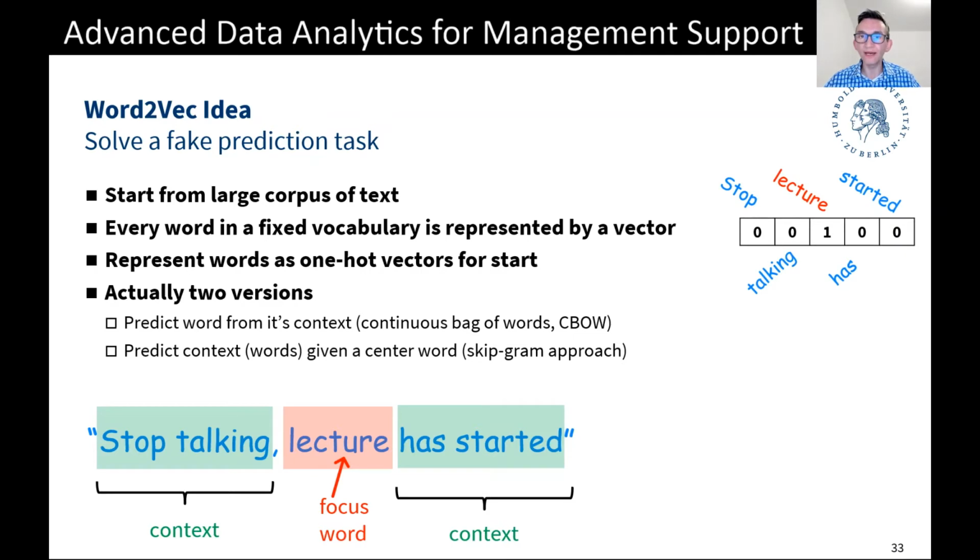You can train them nicely, minimizing empirical loss, all that works well. And if you want to train a neural network, it's good if you have a prediction task. So Word2Vec constructs one. We start from a corpus of text where we represent words in our fixed vocabulary using one-hot vectors for a start.